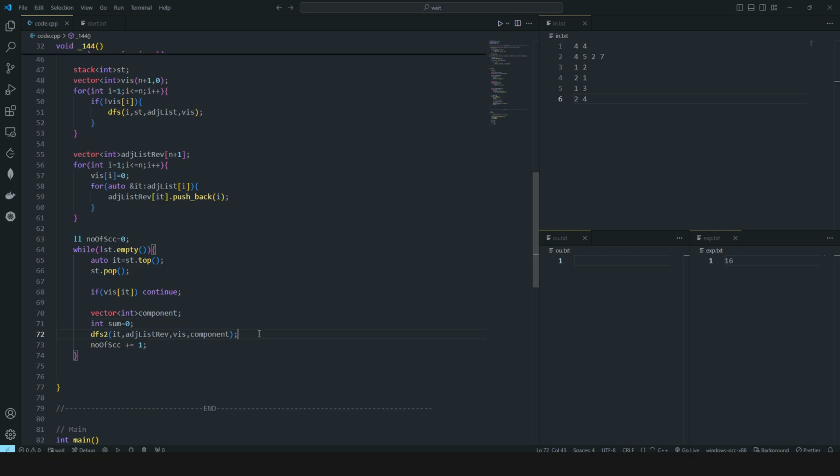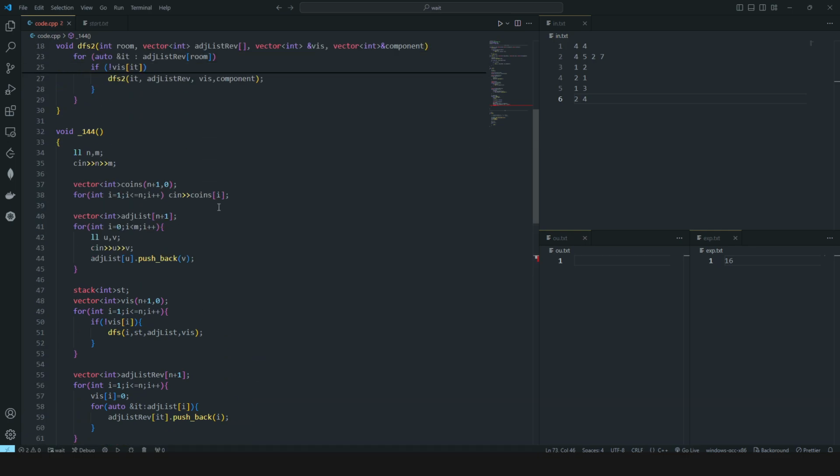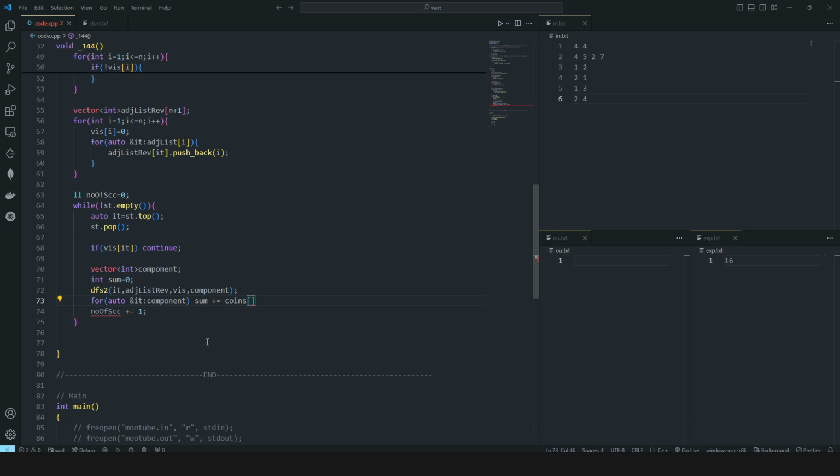What we can do is iterate through each and every element present in this component and increment our sum by the value associated with this room in the coins array that we took as input here, right? So that's why sum equal to sum plus coins of IT.